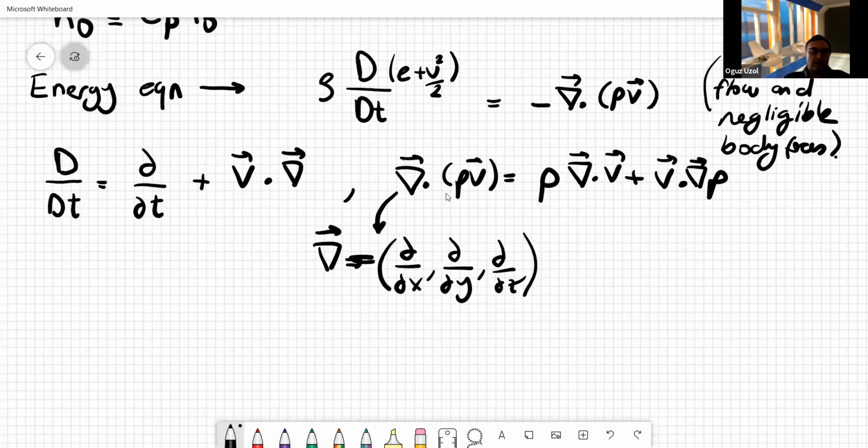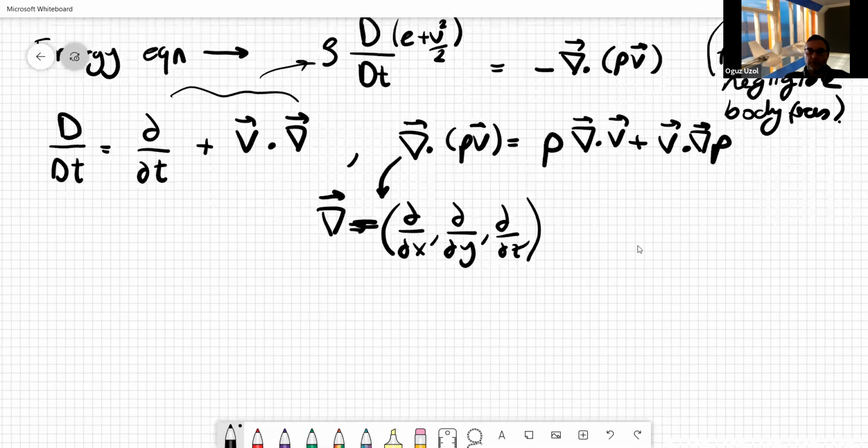So we can write this derivative using calculus, and we can write the right-hand side like that, and expand the left-hand side like this.